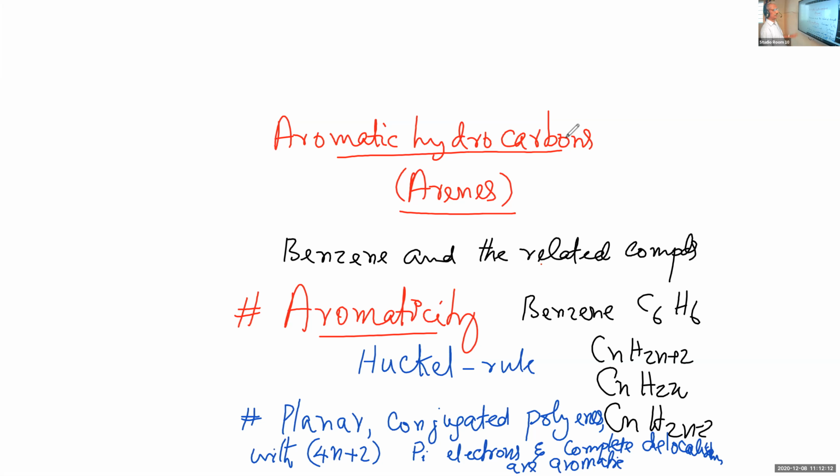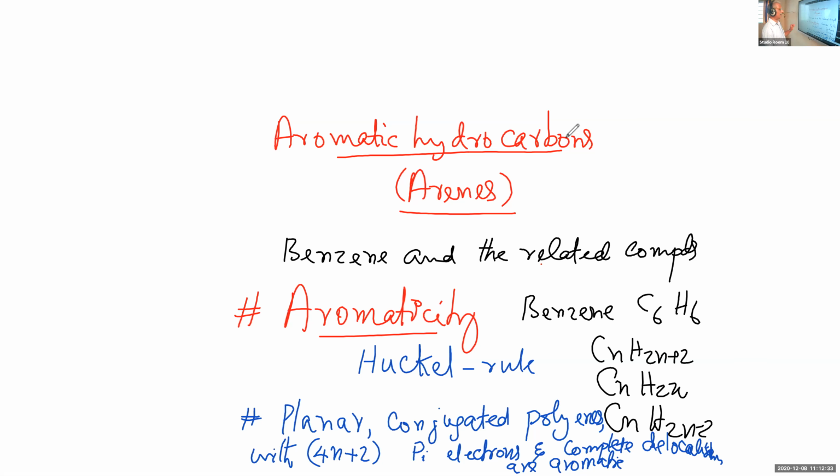And such a system may be a neutral molecule or it may be an ion also. That is known as aromatic compounds. That property is called aromaticity. That is the modern definition given.